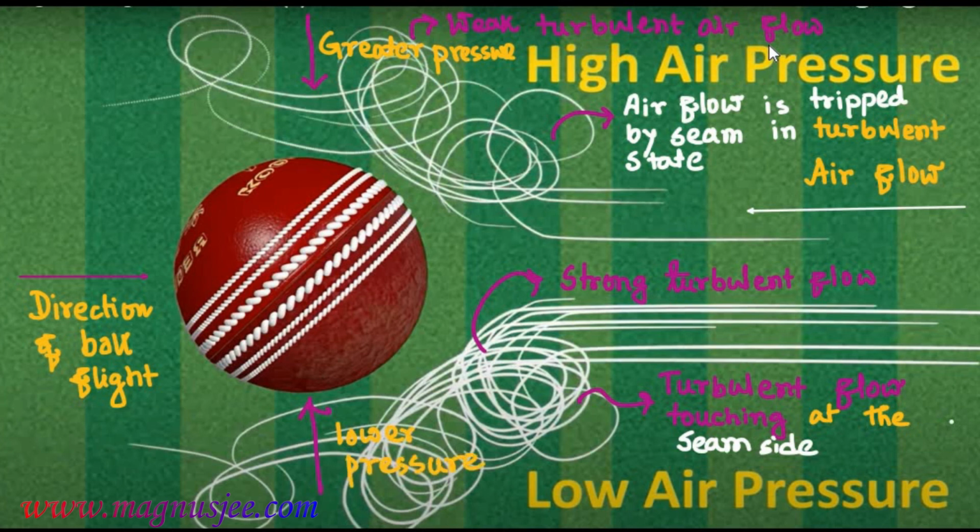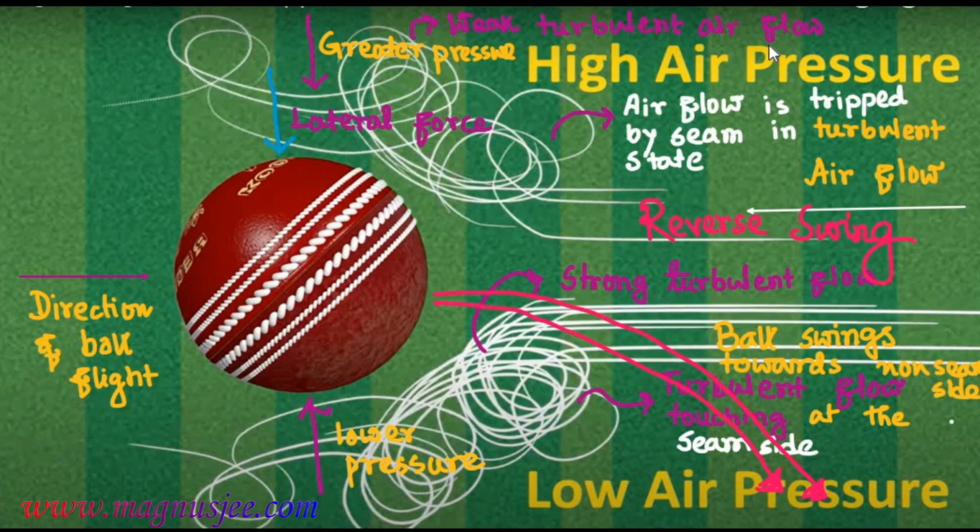For this strong turbulent boundary layer, lower pressure will be acting on the non-seam side, and as a result, a lateral force F, which is equal to (P1 minus P2) times A, will act, and the ball will swing in the opposite direction of the seam position. The ball swings towards leg side or towards the non-seam side. The ball swings in the opposite direction of the seam position, and this is what is called reverse swing.